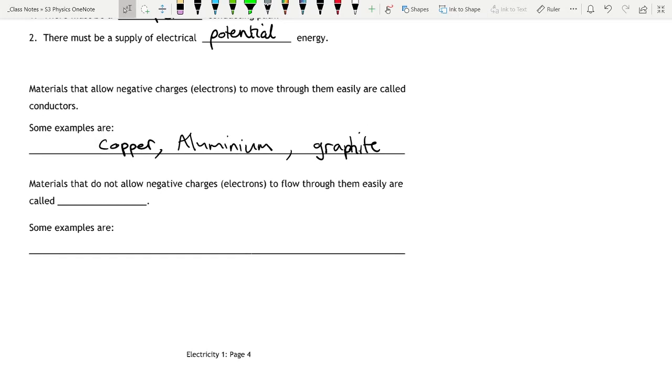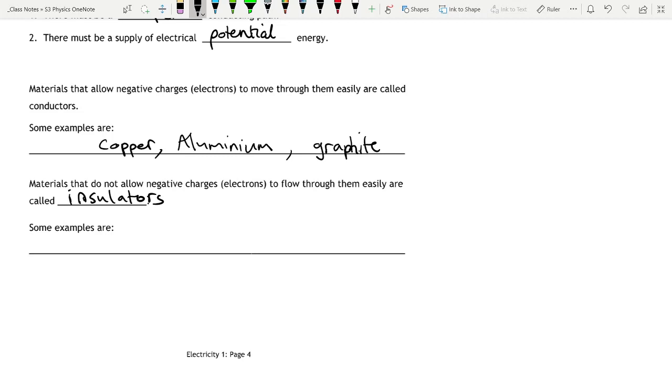Materials that do not allow negative charges to flow through them easily are called insulators. Not to get mixed up with insulators of heat, but I suppose it's the same kind of thing. It doesn't allow heat to flow through, it doesn't allow electricity to flow through. Examples of insulators could be basically most things.